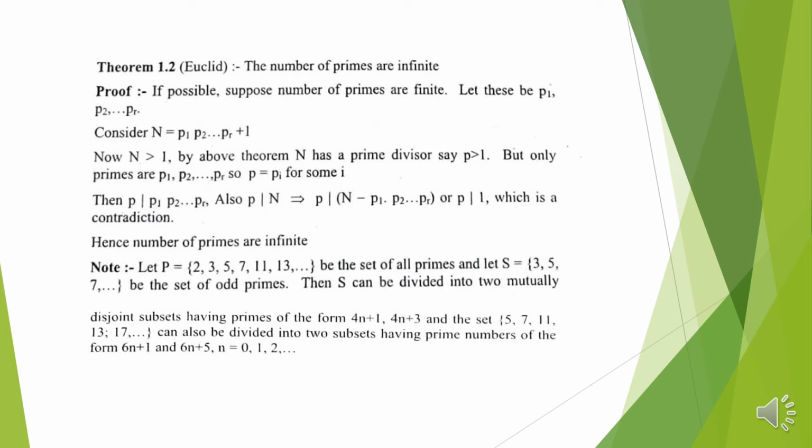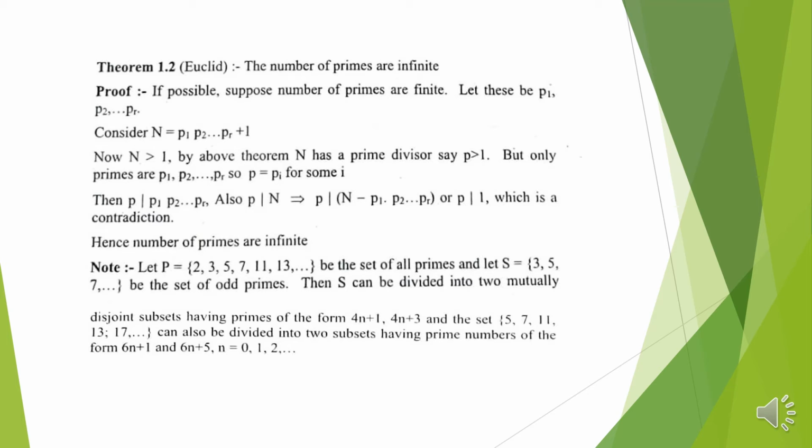Now let P equal to 2, 3, 5, 7, 11, 13, and so on be the set of all primes, and let S equal to 3, 5, 7 and so on be the set of all odd primes. Then S can be divided into two mutually disjoint subsets having primes of the form 4n plus 1 and 4n plus 3.